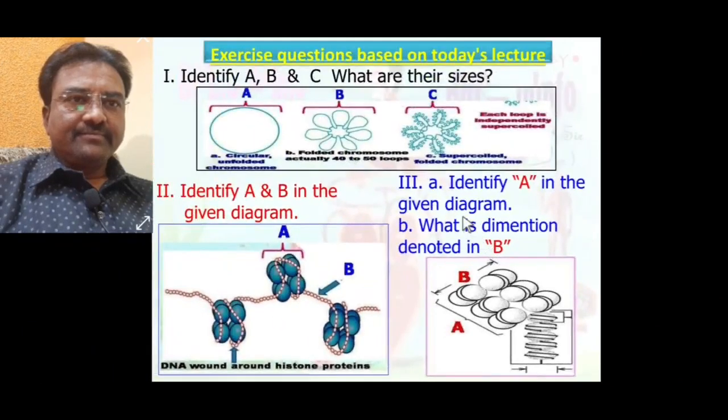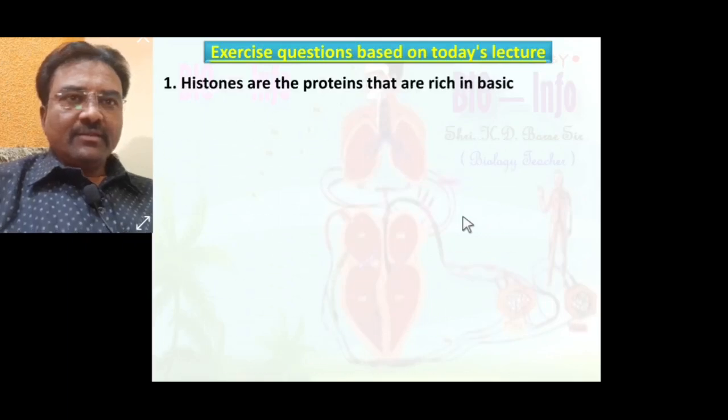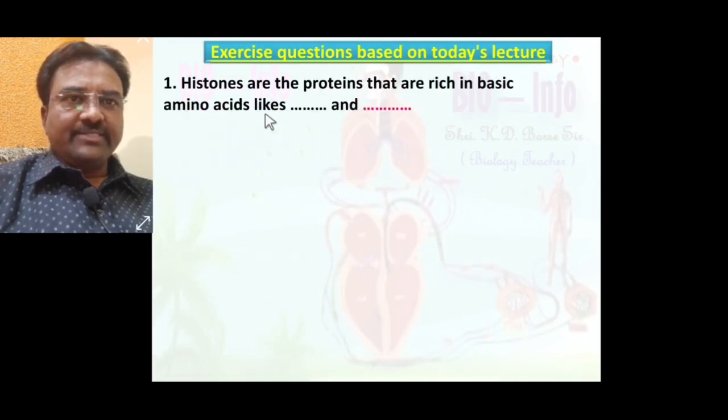Histones are proteins that are rich in basic amino acids like lysine and arginine. So here, lysine is one of the basic amino acids and arginine is also one of the basic amino acids present in histone proteins.